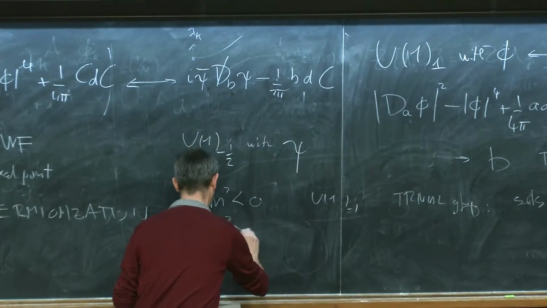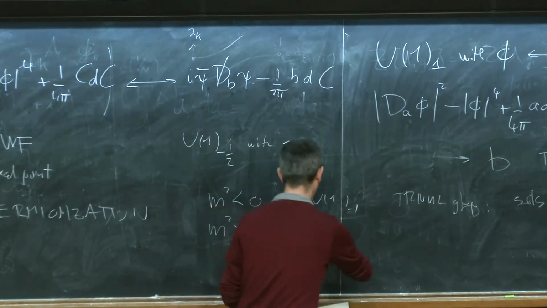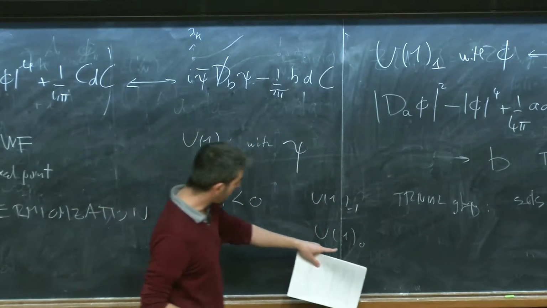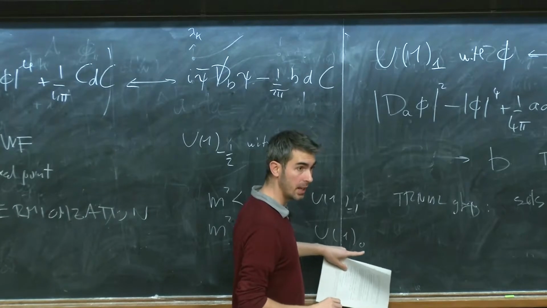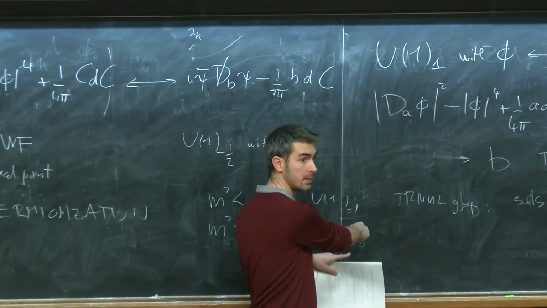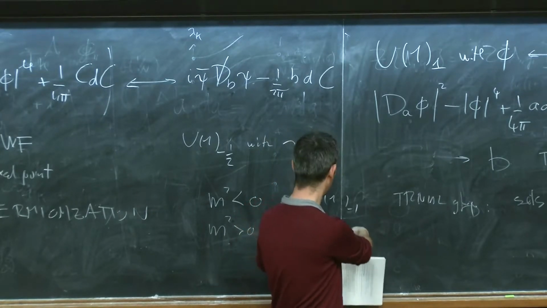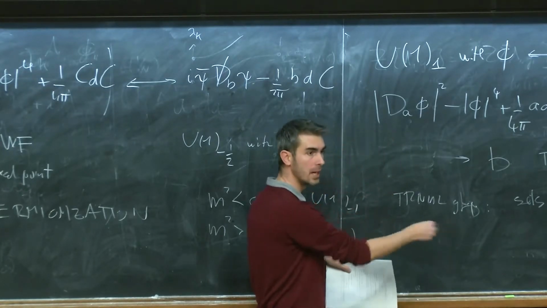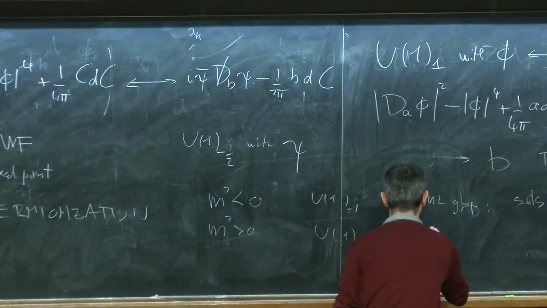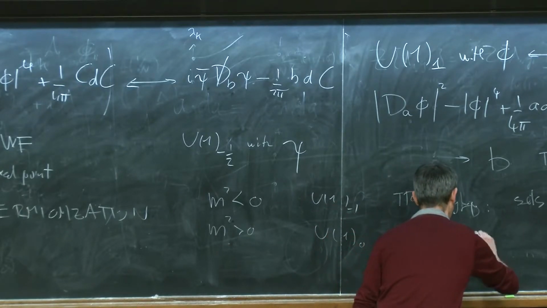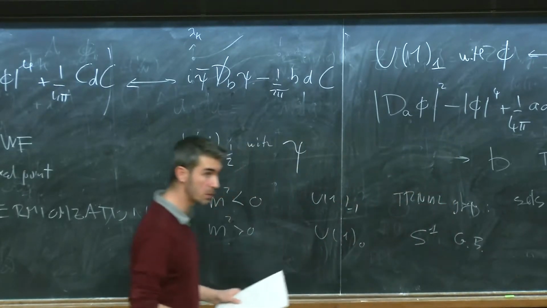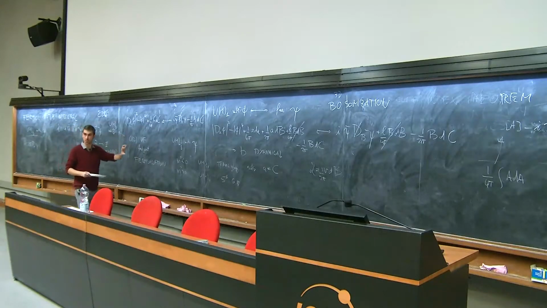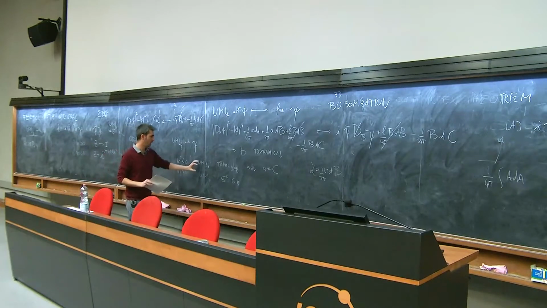But if we take positive mass, then we are left with U(1) level 0, which is a free photon, and in particular this spontaneously breaks the magnetic symmetry. The order parameter is the monopole operator, or if you want, this is dual to the compact scalar. So this is the S1 Goldstone boson. We do reproduce the physics of this. Of course, this is one check that we have to do.